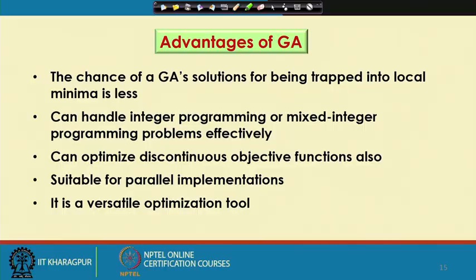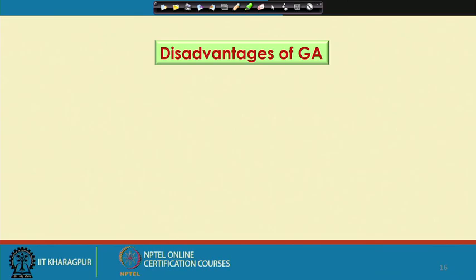GA has the advantage that we can do this parallel implementation very easily, because this is a population based search and optimization tool. And as I told you, GA is very robust and it can solve a variety of problems. However, this particular GA has a few demerits.